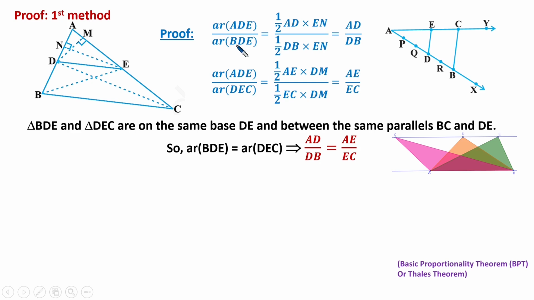So area of ADE divided by area of BDE: suppose I take AD as the base, so half of AD into NE, which I have written here. And for triangle BDE, you can see this angle is slanted here, so definitely you have to come to this point N, and this is the altitude of this triangle, because this angle is now more than 90, obtuse, which we saw earlier.